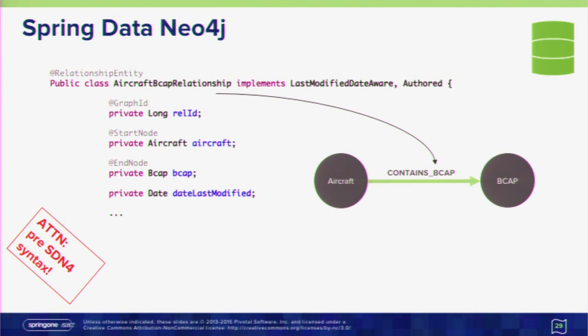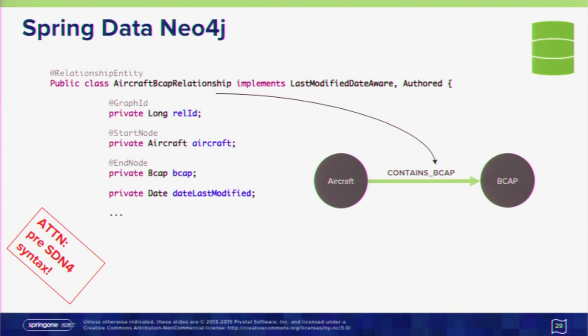We're going from an aircraft that contains an access point in this case. Again, now you can have an attribute that says the relation has additional attributes. In this example, I added the date last modified. So since when did this relationship exist, or when was it last updated?